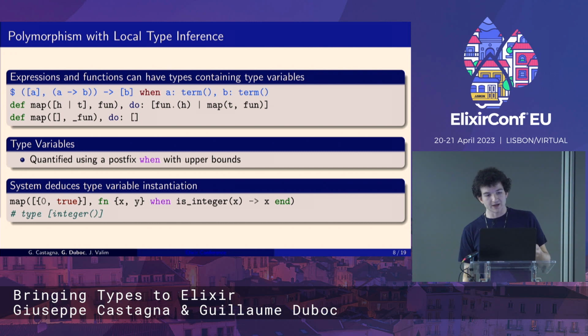For example, if you apply map to this list that contains integers and booleans, and you apply it with a function that takes a tuple and returns an integer, then the type checker, before running your program, before compilation, will see that this function application returns a list of integers.